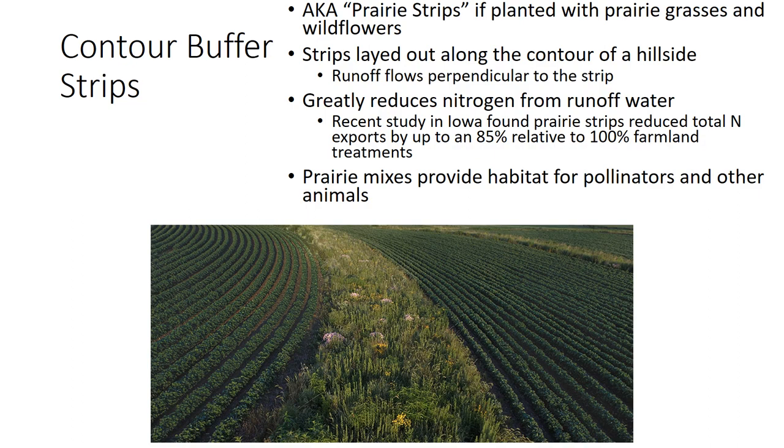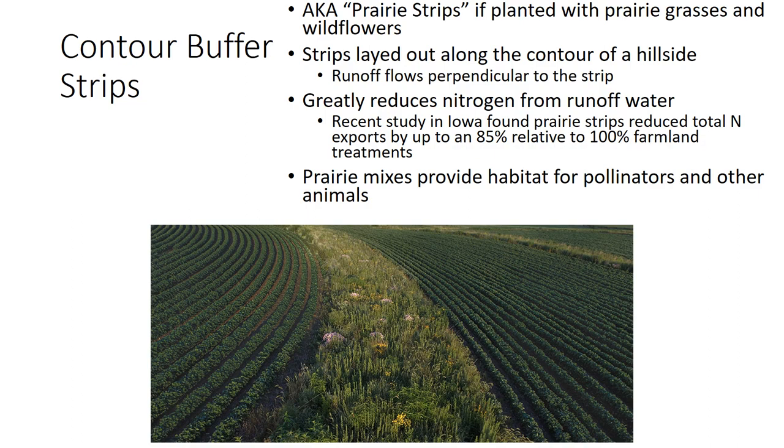But what can also happen is if we have less runoff, we have less nitrogen loss. So we have some nitrogen that's in the runoff water, and if it runs off stream, that nitrogen will eventually go into the stream.